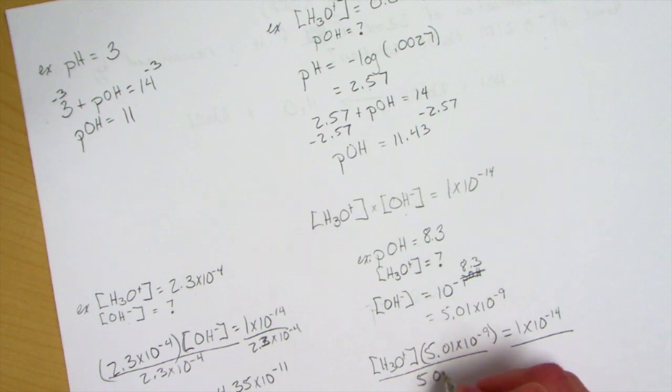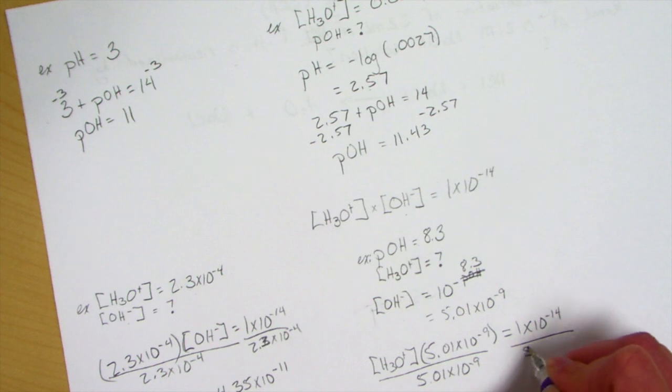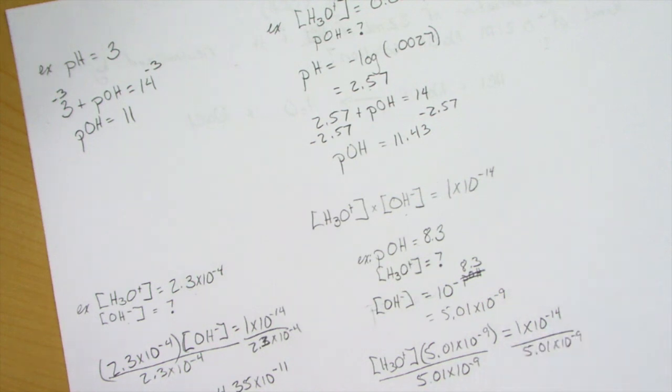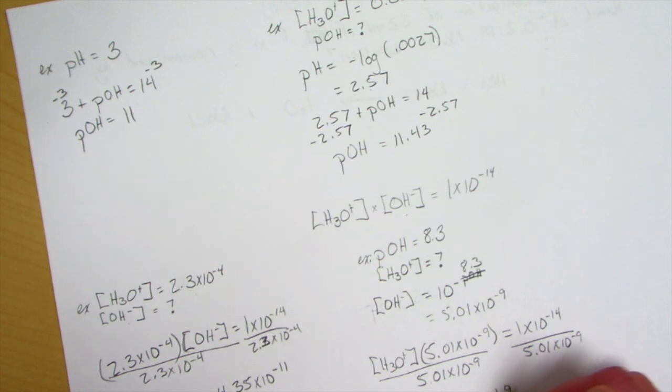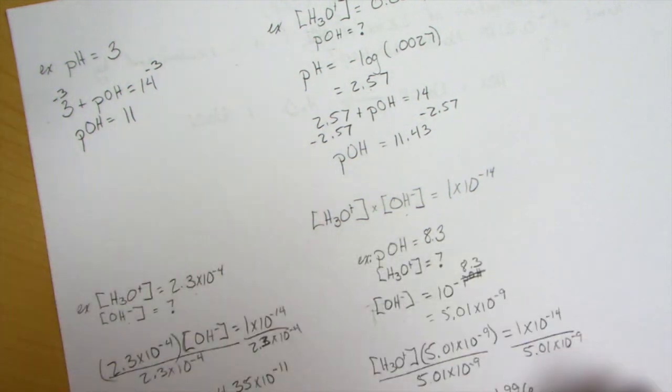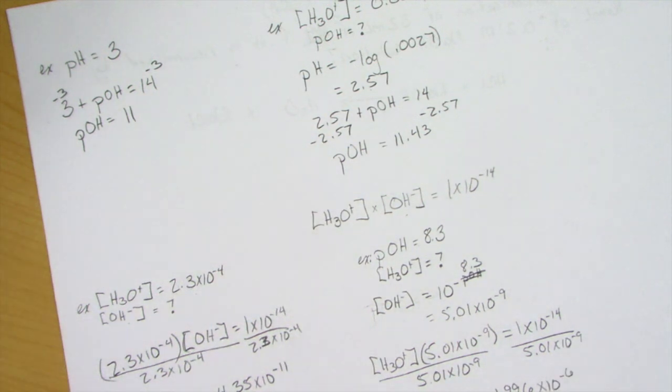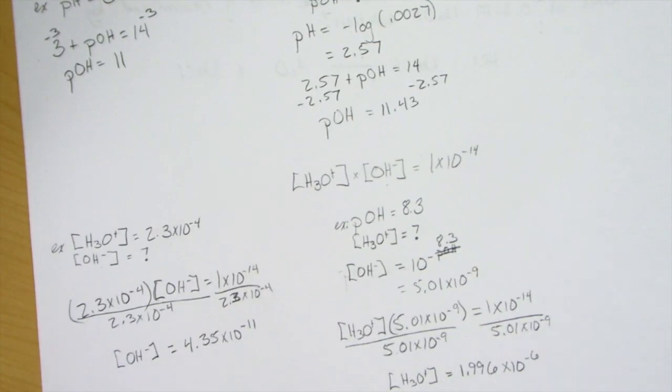Divide both sides by our OH minus concentration. And we come up with an answer of 1.996 times 10 to the negative 6 as our answer for that.